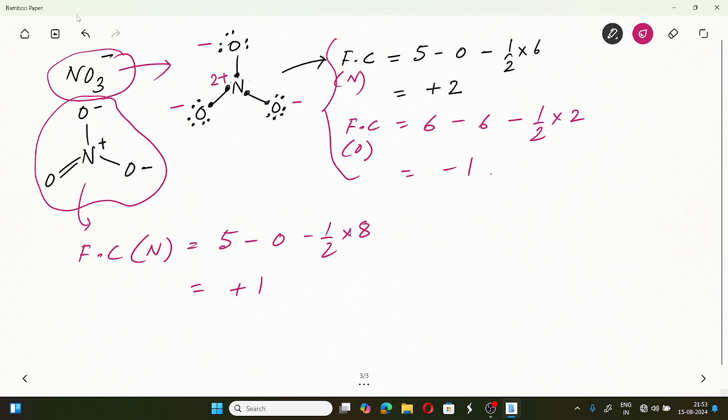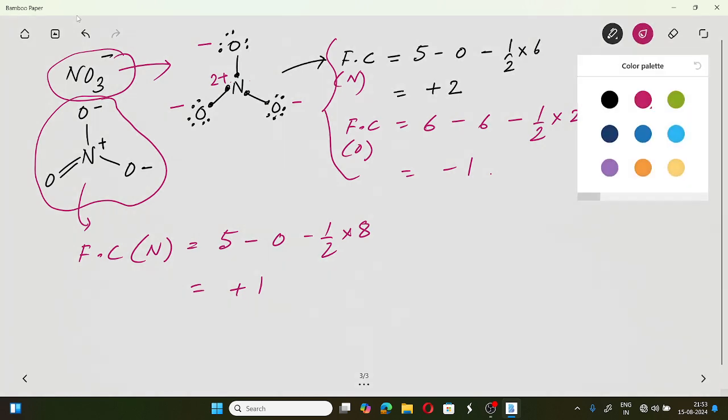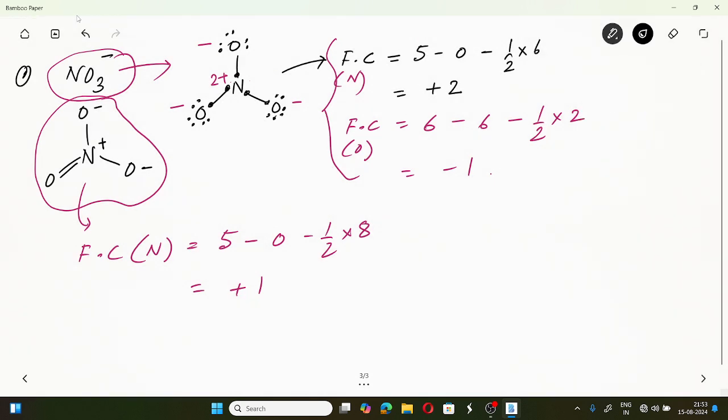Suppose let us consider another example. So this was NO3 minus. Let us consider S2O3 2 minus. If we want to find out the formal charges over thiosulfate, you know that this is thiosulfate, where one of the oxygen atoms is replaced by sulfur.